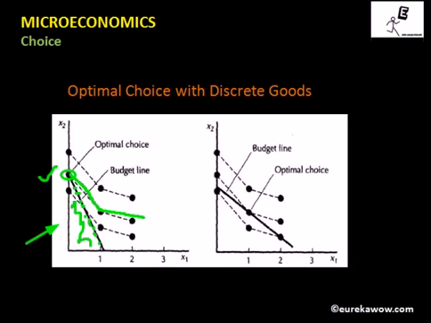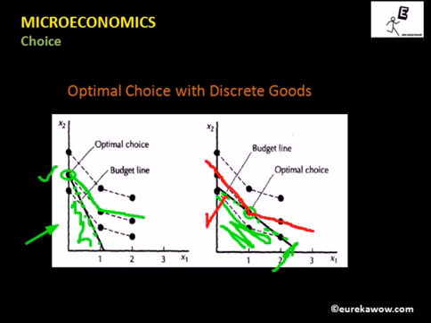If you look at the other diagram, now the budget line is given, this is the budget line, and the indifference curves are also drawn. Again we will say that this is the point of optimality in this case. Why? Because first it lies on the budget line and hence it's affordable, and second, all other bundles which are lying on the budget line and which are lying in the budget set, all of them lie to the left of the indifference curve on which this point lies.